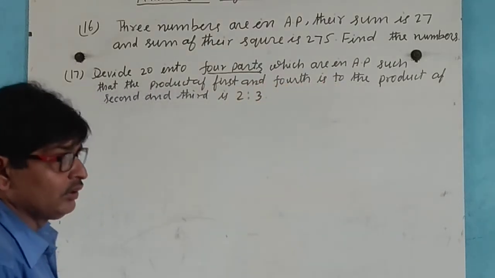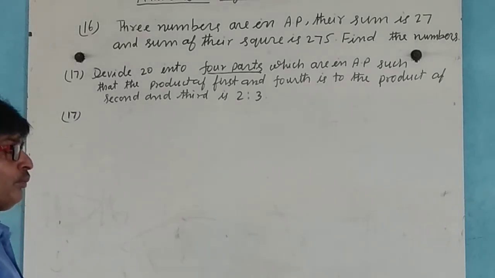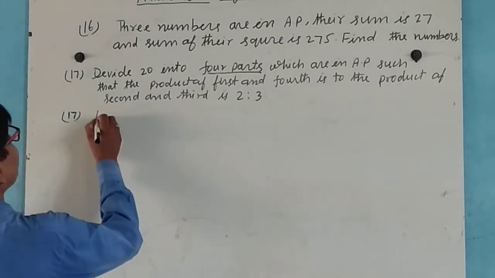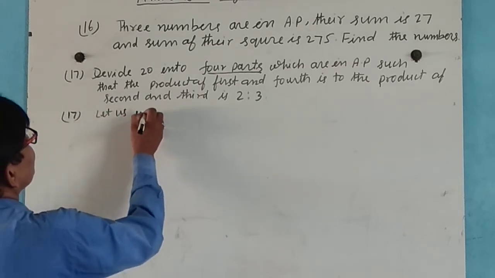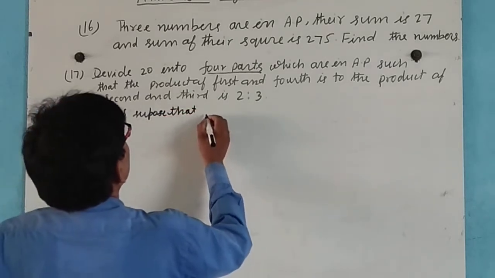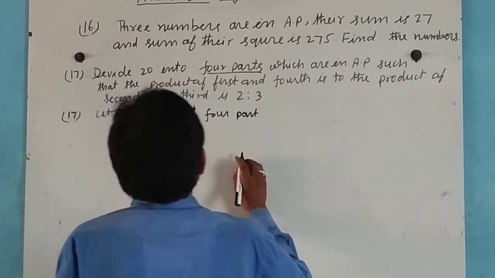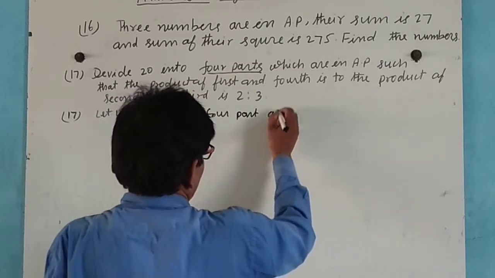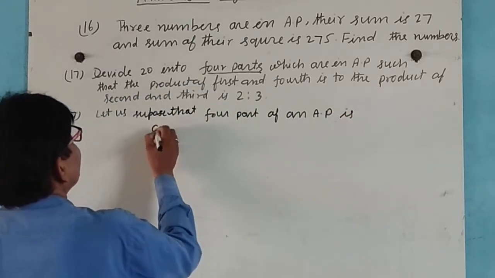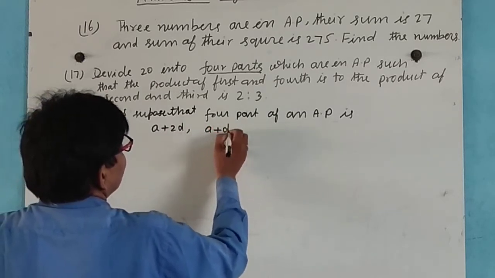We have just seen that if we take four terms, even terms of AP, then let us suppose that the four parts of an AP are A plus 2D, A plus D.